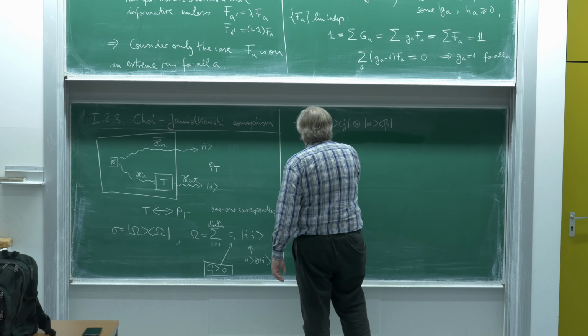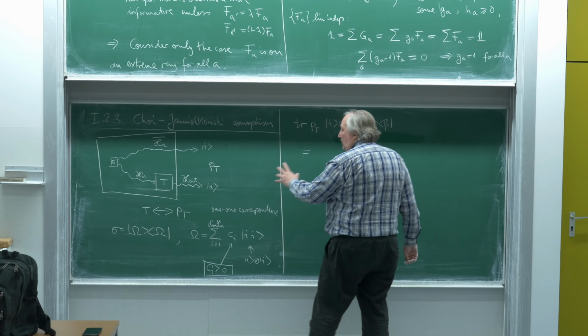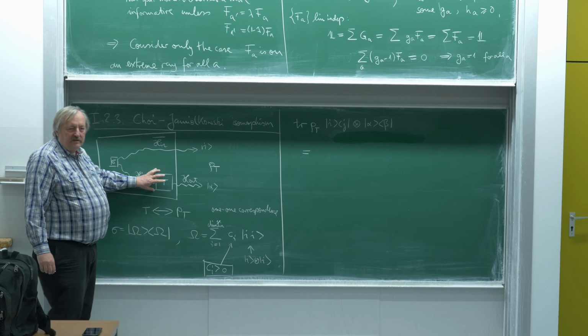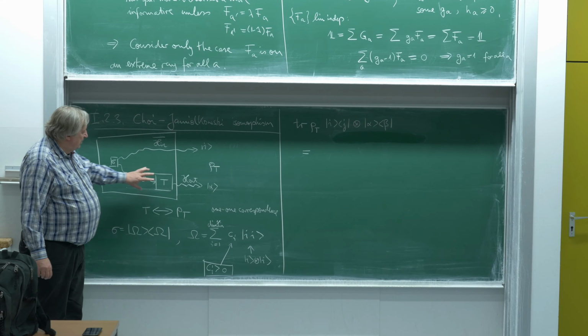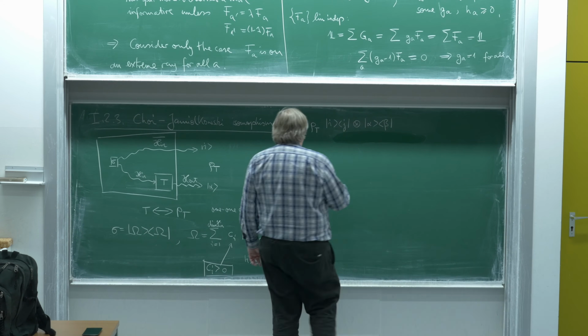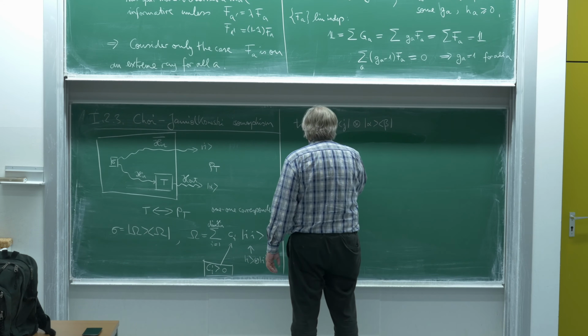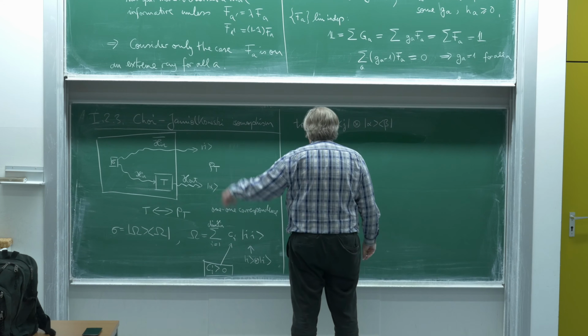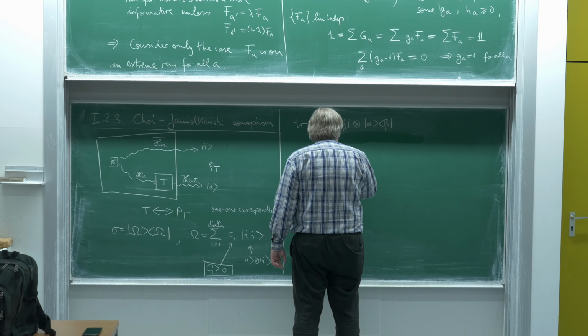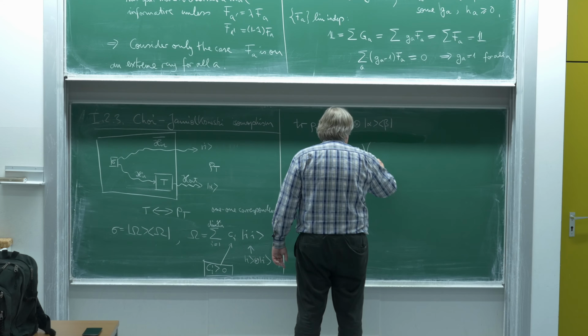So this state comes about by acting on one half of another system with this particular channel. Right? So this is the trace of sigma, expectation value in that state, and you apply the identity tensor T to this operator. Right?